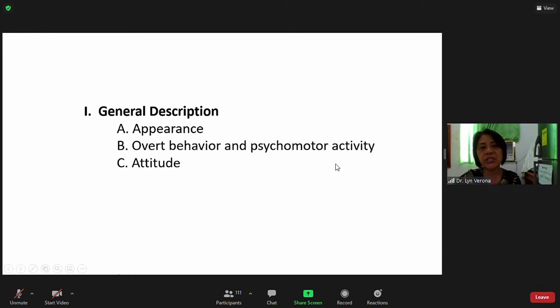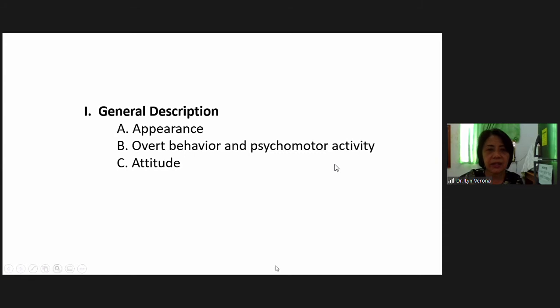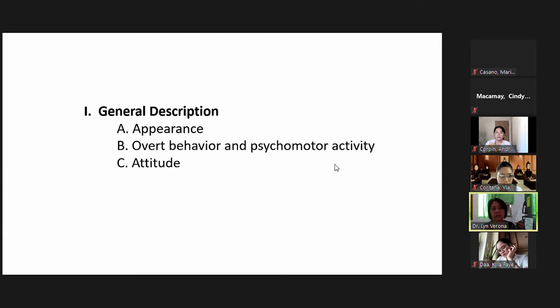The first one is your general description, that is the appearance. On the description and appearance, you will take note of the appearance of the patient. Of course, you have to note whether the patient is clean or dirty, restless, appropriately dressed.